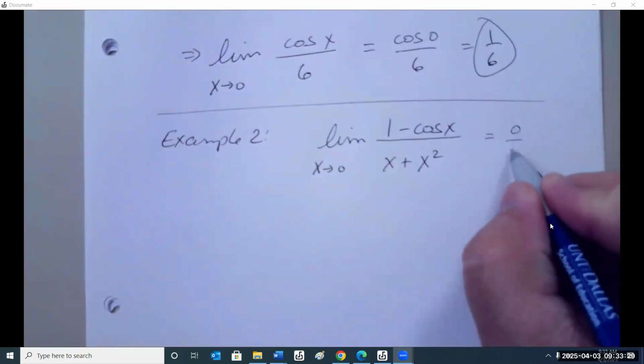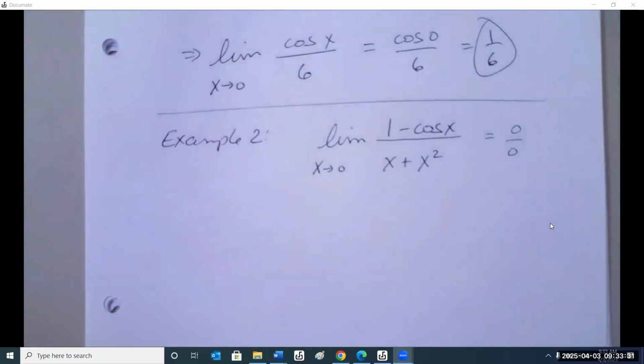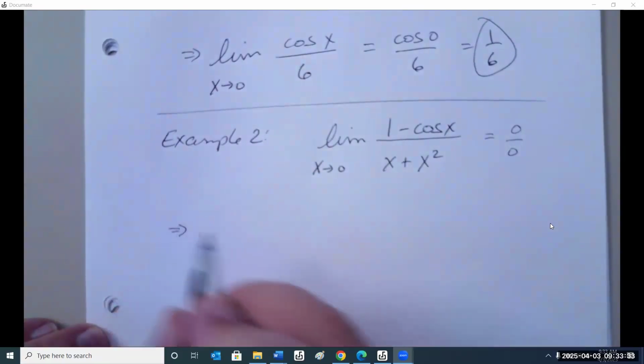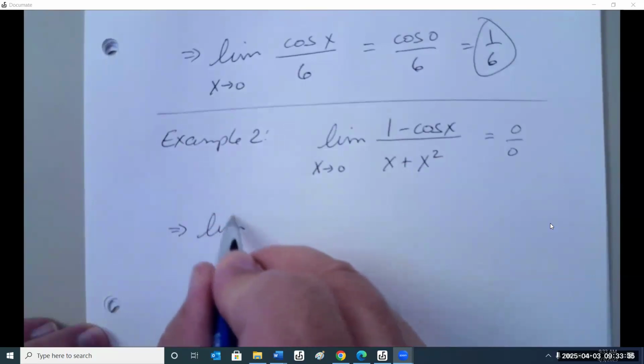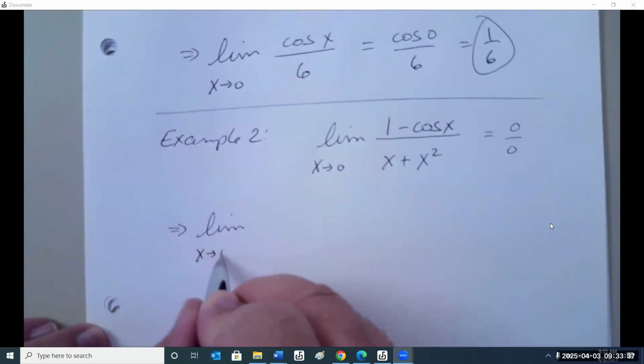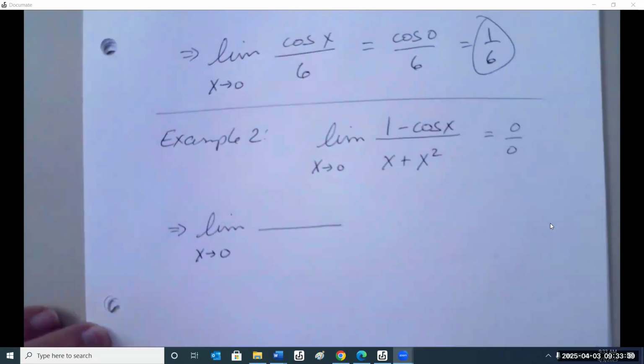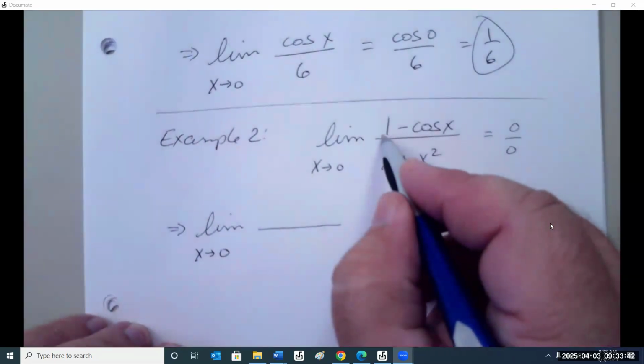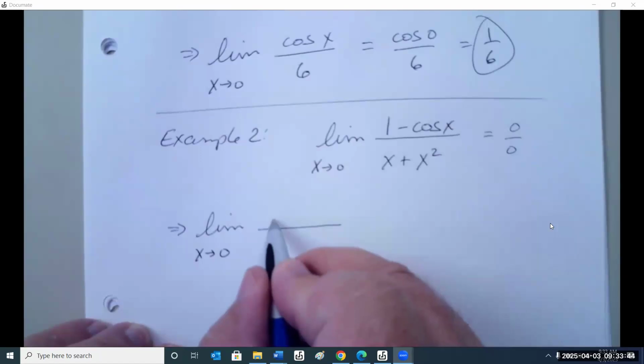So it's going to give us 0 over 0. Derivative of 1 is 0.